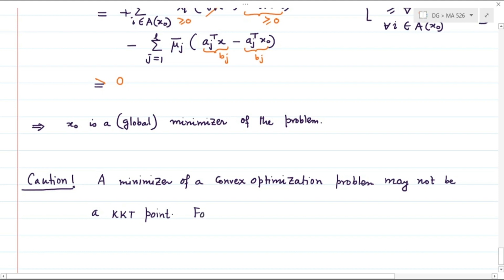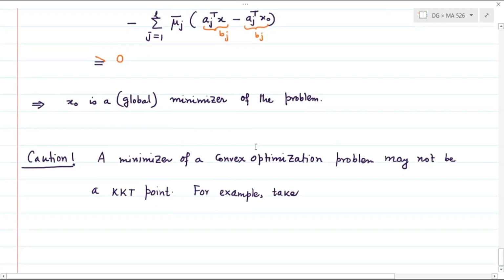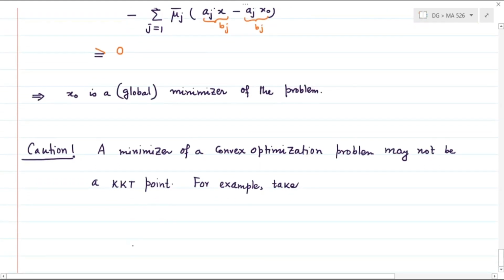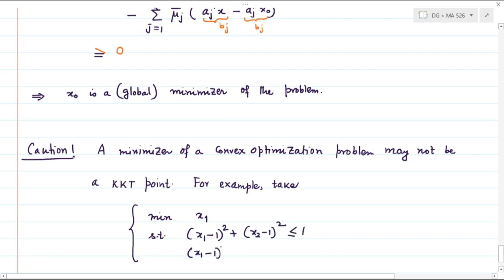For example, take the following problem: minimization of the function x1. It is a two variable problem. The objective function is x1, subject to (x1 minus 1) square plus (x2 minus 1) square is less than or equal to 1, and (x1 minus 1) square plus (x2 plus 1) square is less than or equal to 1.